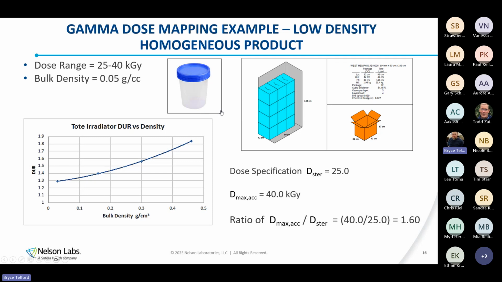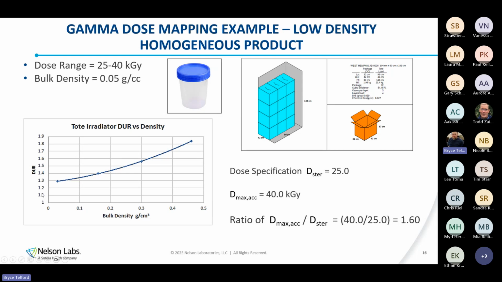So I'm going to load that product into my carrier. I'm going to place dosimeters not just in the individual box in 3 dimensions, but actually throughout this entire carrier. And I'm going to see where's my highs and where's my lows, and I'm going to see what my dose uniformity is. So I'm going to plot that out. I'm going to say I have my low, and then I'm going to plot all my various points until I get to my high.